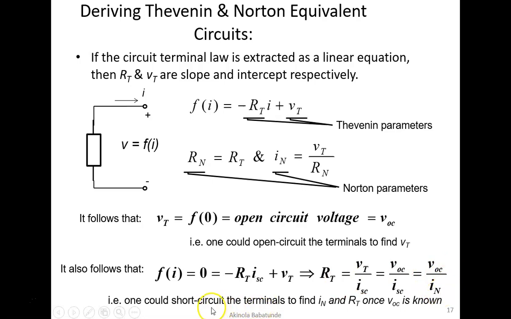So one could short circuit the terminals to find IN and R Thevenin once VOC is known. Okay, so please pay attention to this. Don't be confused at all and try to focus on what matters and simplify whatever needs to be simplified in your mind. However, if you do have questions regarding any of this in your mind, feel free to reach out to me by all means necessary.